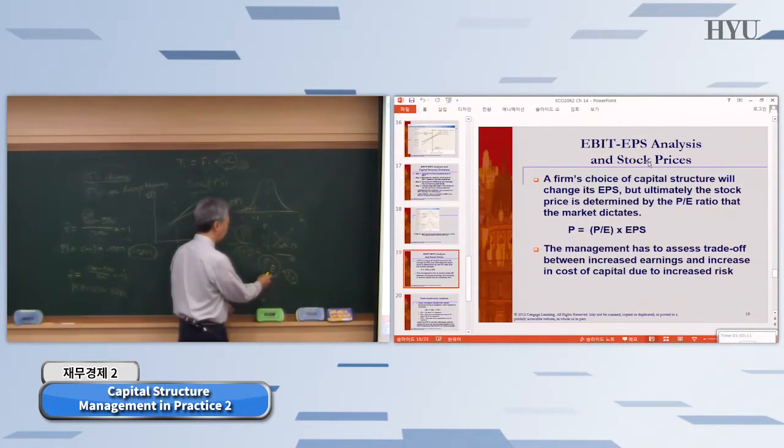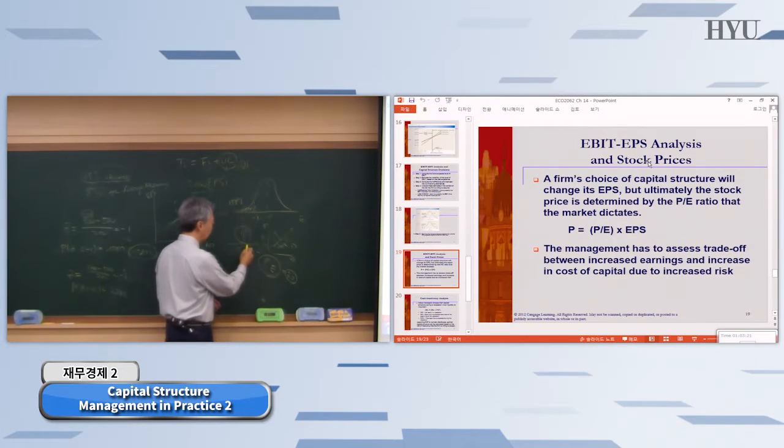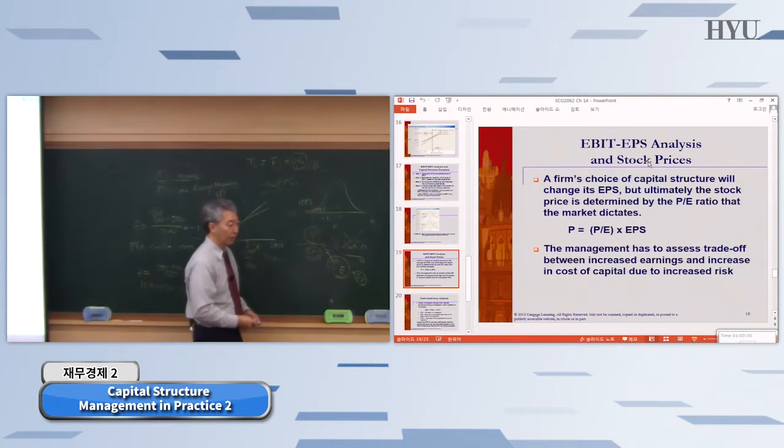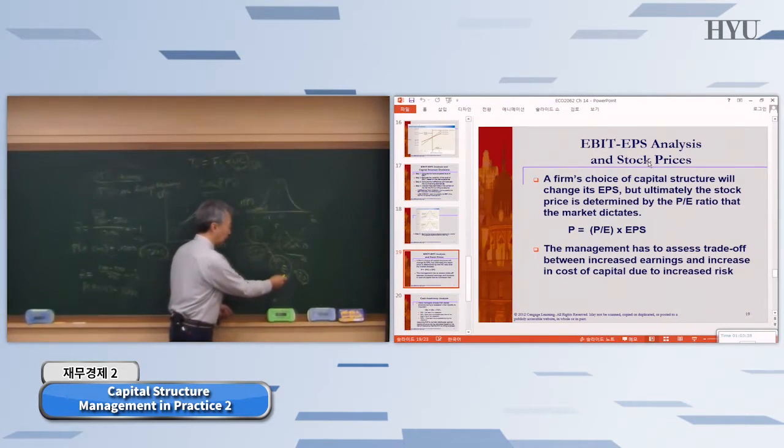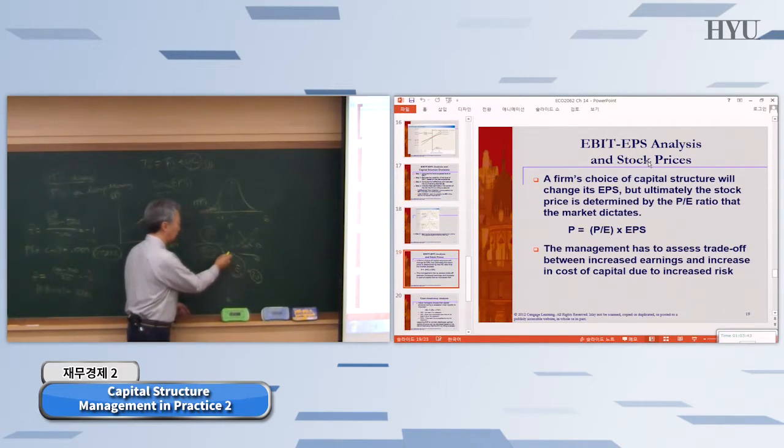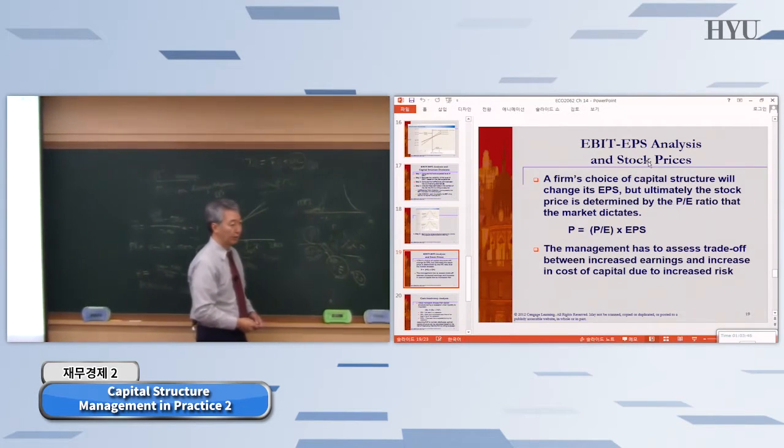P/E ratio depends on the market price, but it can also affect the market price. Did you get what I said? Once the EPS is determined, P/E ratio is P divided by EPS, so the level of price determines P/E ratio. But based on what the market considers the desirable P/E ratio, it can also change the price.